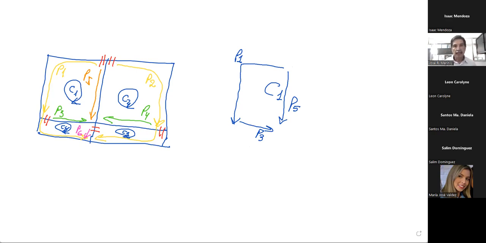Let me put the name of the cell in the central part. So I'm going to label this cell 1. Now, the key here is that we have to consider the signs.